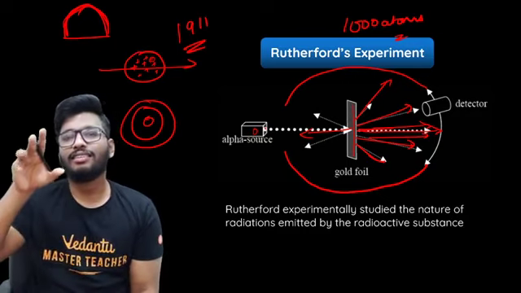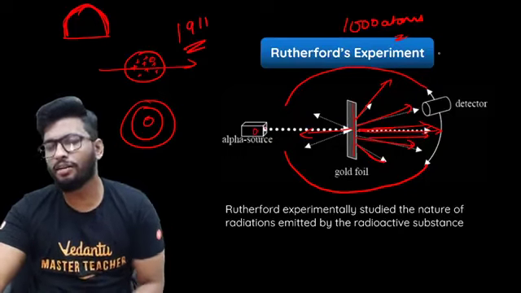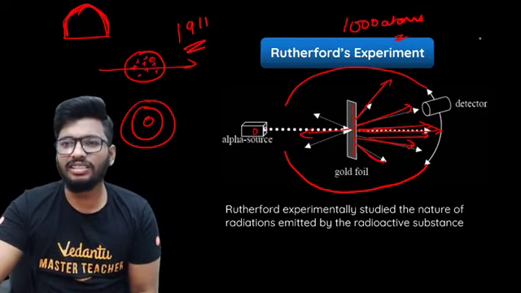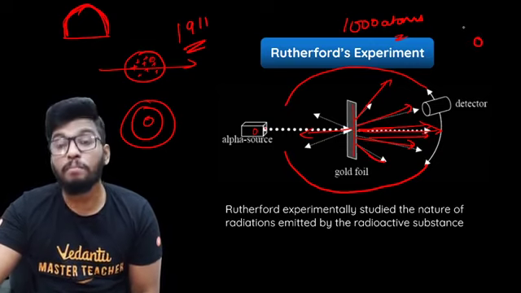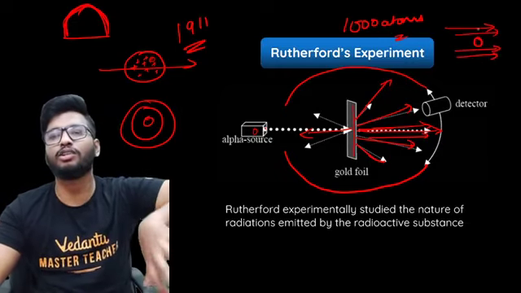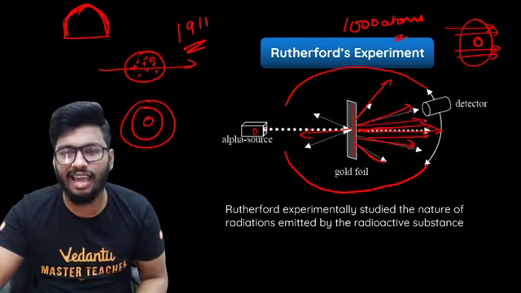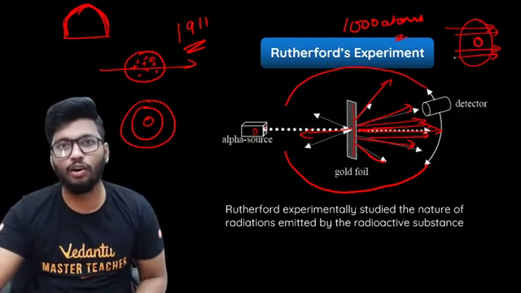That is when Rutherford said that it should not be the plum pudding model, but that this is happening because there must be some positive particles in the center, and there must be a lot of empty space inside the atom itself, because of which the alpha particles are going straight through.